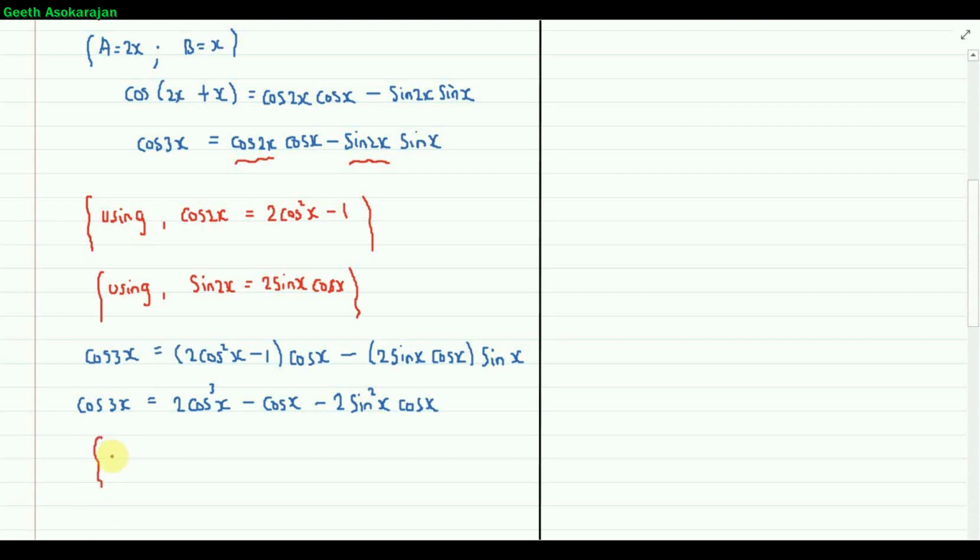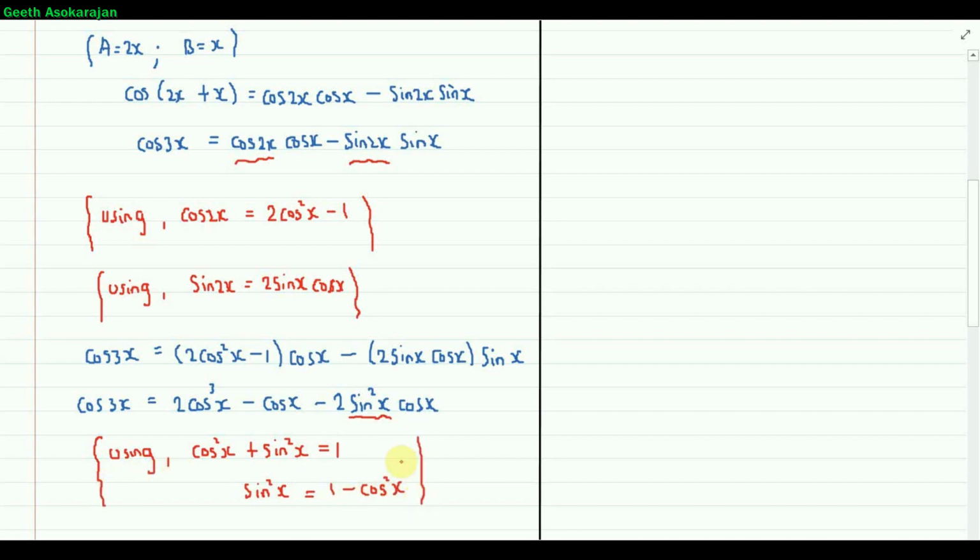Remember the identity cos squared x plus sin squared x is equal to 1. So let's rearrange for sin squared. When I carefully rearrange, sin squared x will then be 1 minus cos squared x.